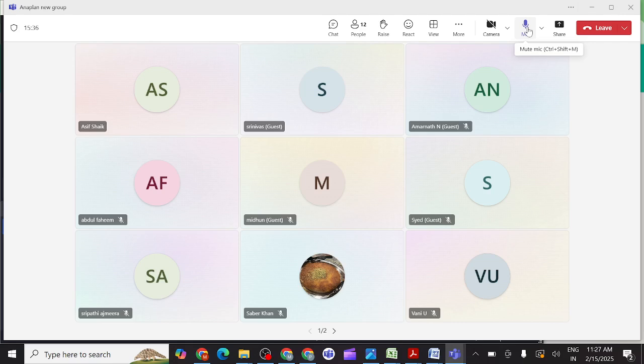Profit and loss reports. Yeah, basically, you are asking whether we prepare profit and loss reports. My client is a manufacturing unit.